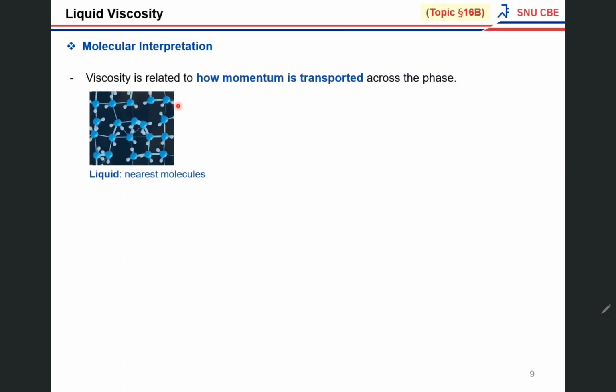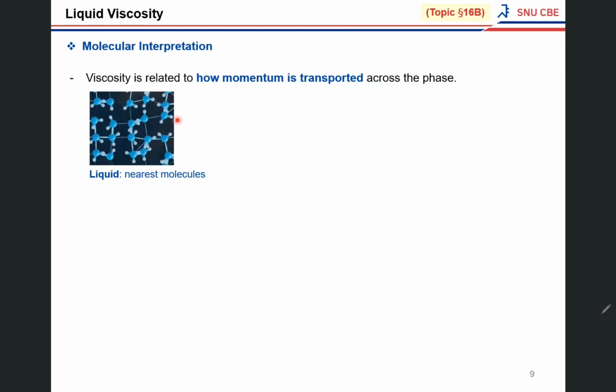Okay, so basically viscosity is related to how momentum is transported. Within the liquid phase, for a molecule to go through this liquid, that molecule must overcome some energy barrier cast by the surrounding molecules. If the molecule moves faster, it means the molecule can escape from some kind of energy well, or from being energetically trapped by surrounding molecules.